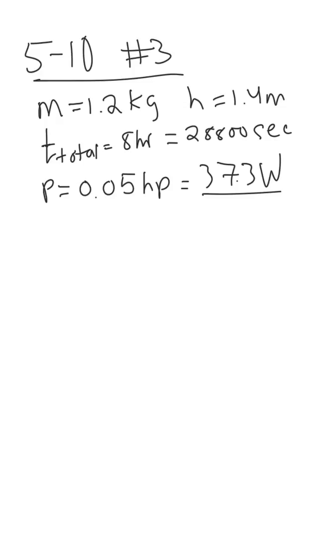All right, so we have the mass of one singular brick, we have a height that one singular brick travels, and we have the power for one singular brick. So we have a lot of information for one singular brick. All right, so what we can do from here is solve for the time to lift one singular brick. And we can use that to help us figure out how many bricks the bricklayer lays.